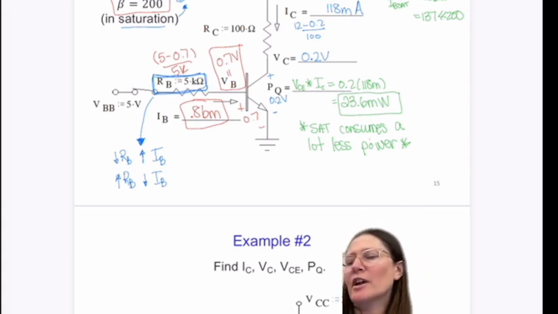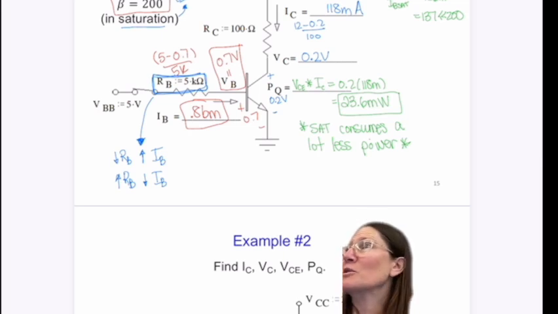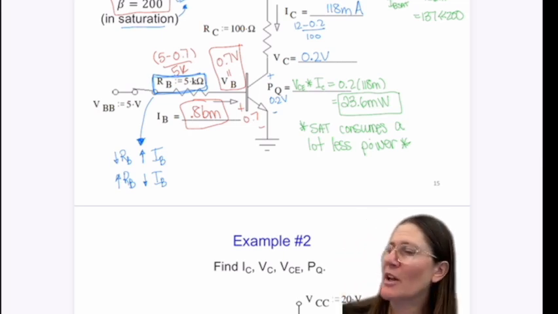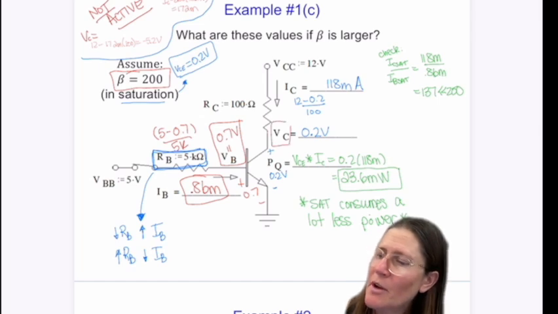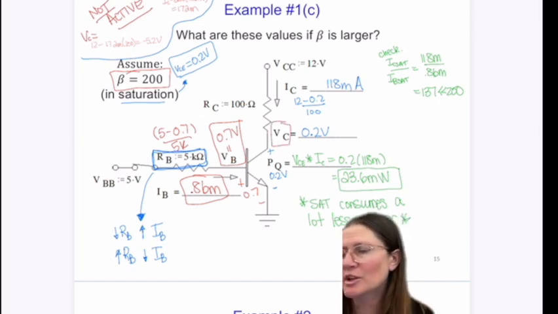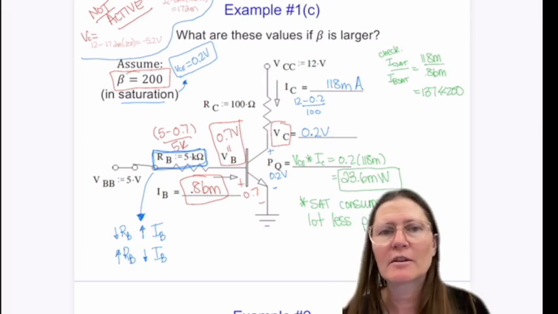Well, VB will stay 0.7 either way, right? Because you fixed it with it being on. So VB stays 0.7. What is going to determine whether it's active or in saturation is your VC.